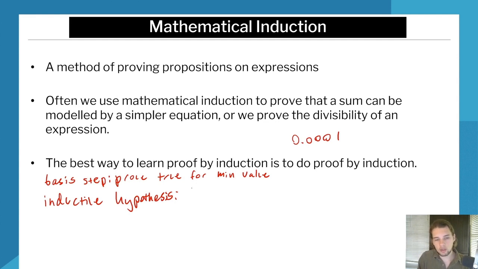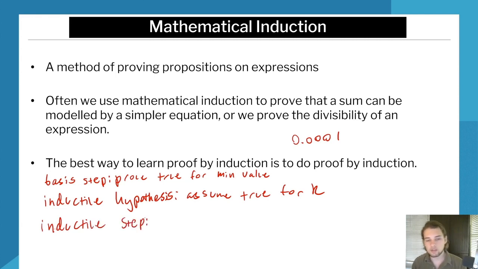Now what we do in here is we assume true for k. So k doesn't really mean anything real. We're just making a statement basically that says this is true for k. And that will start to make sense in the next step, which is the inductive step.